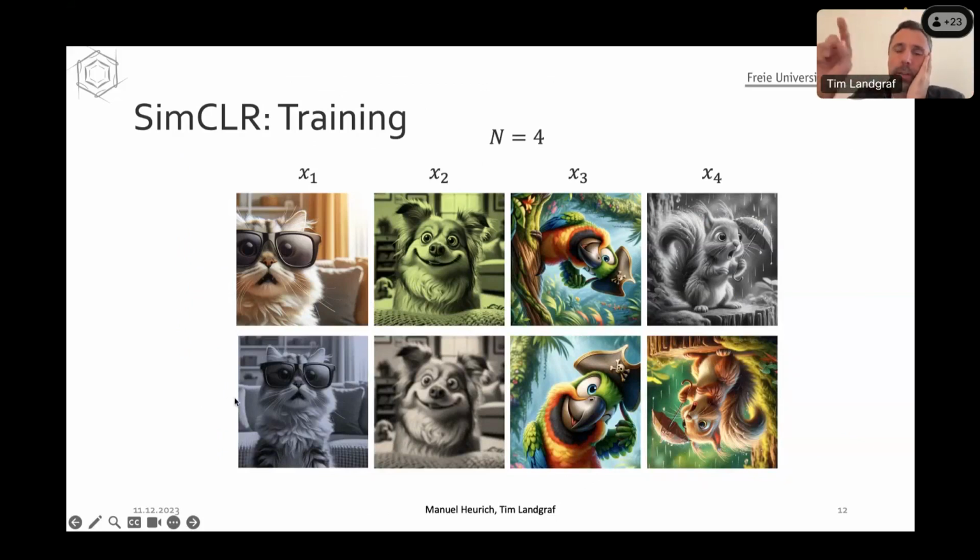I think they had a tilde as well, for the different augmentations that we want to use. So for example, this is a crop, and this is a color jitter, this is blur and flips. So the batch is 4, but we do have 8 samples.